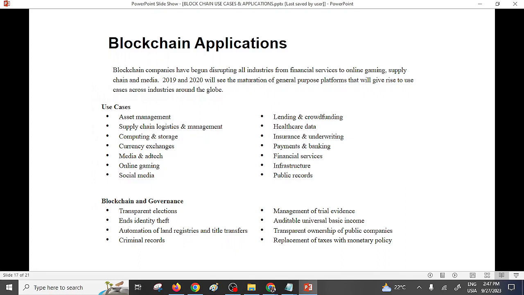This is a very rampant cyber security issue where someone can pick your details from a given office and go and hack your system. Blockchain can eliminate this identity theft. Insurance, payments, and so on, are all additional applications that blockchain can give solutions to.